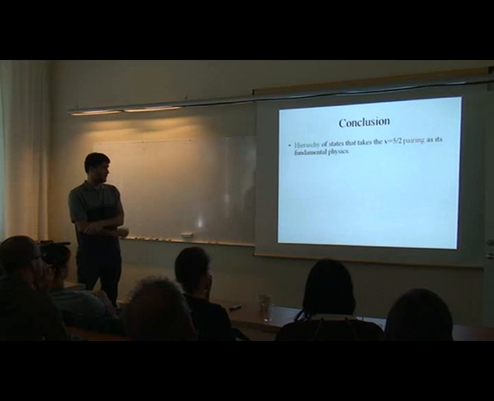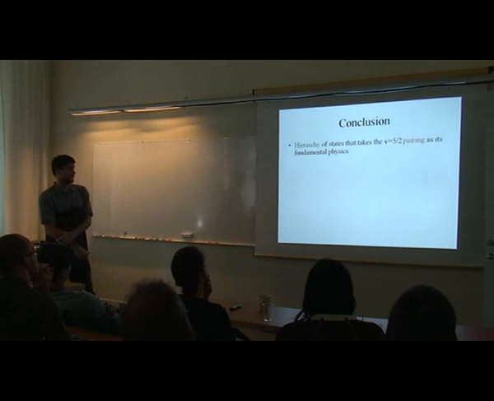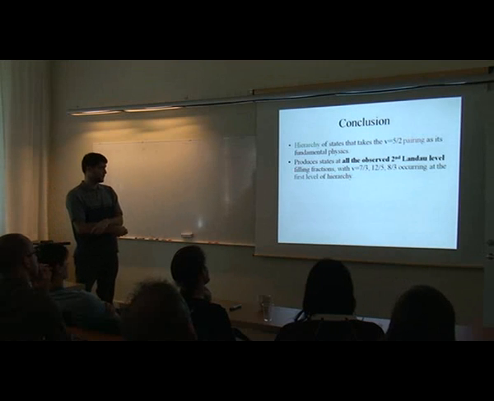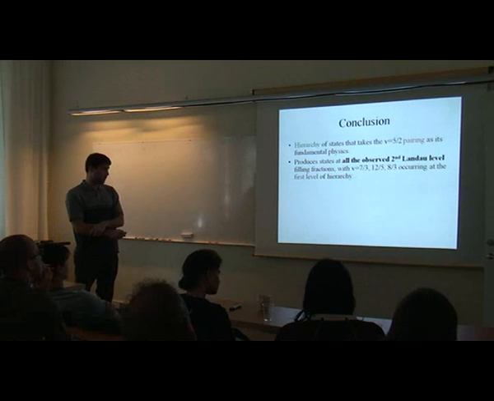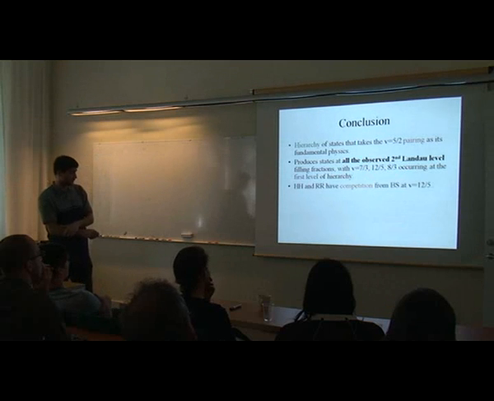Okay, so basically to sum up, we've produced hierarchy states that take the pairing nature of the 5/2 state as the fundamental physics, and produced states occurring at filling fractions of all the second Landau level states, in particular the 12/5, 7/3 and 8/3 states, occurring at the first level of hierarchy.